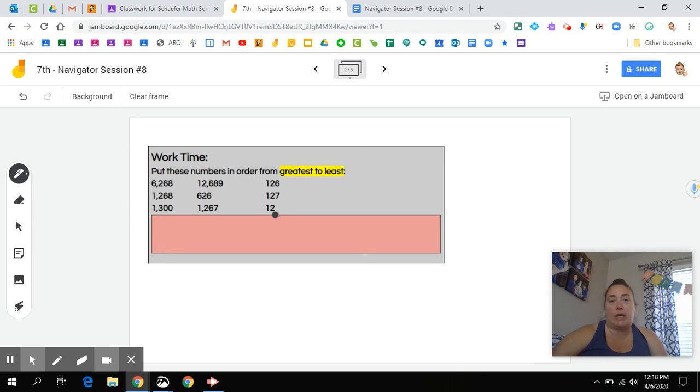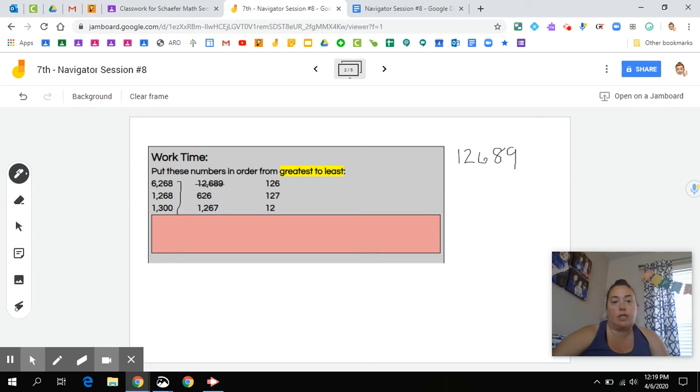So if I think about money, which one would you want to have the most, right? The most, because you want the greatest amount of money. Well, it looks like this guy right here is the biggest to me. So I think the greatest is going to be the 12,689 because it has the most digits and it's got numbers all the way into the 10,000s. And then I could go and look at numbers that are in the thousands.